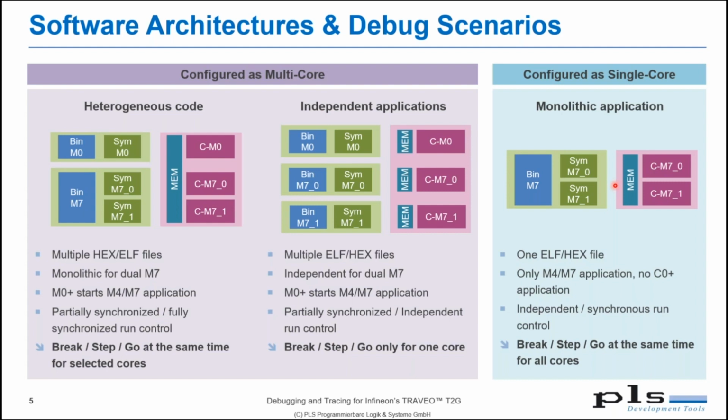And then we have a partially synchronized debugging, that is, if I only want to stop the main core or the main cores, and the HSM should keep running. And finally, you can also have a completely unsynchronized debugging. So breaking and single stepping are only performed on one core, and the other cores remain untouched.